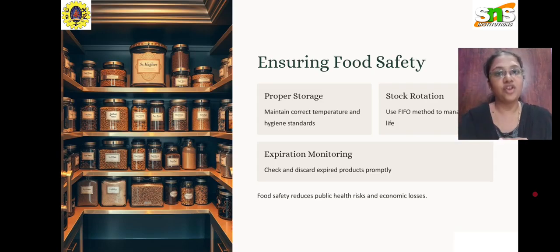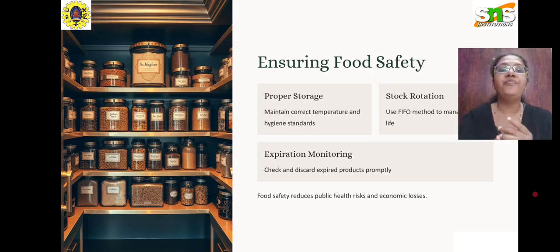The raw material or the processed goods should not be stored for a longer time at the industry plant level itself. Next we have to monitor the expiration of the product. We have to regularly check the expiration date of products promptly, because that will help us ensure the safe food that we consume in our day-to-day lives.